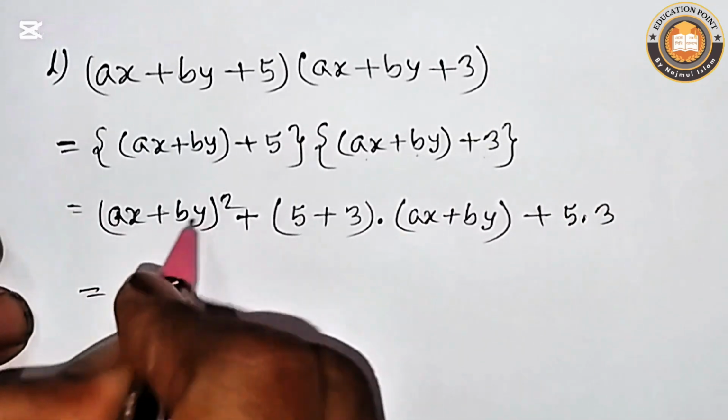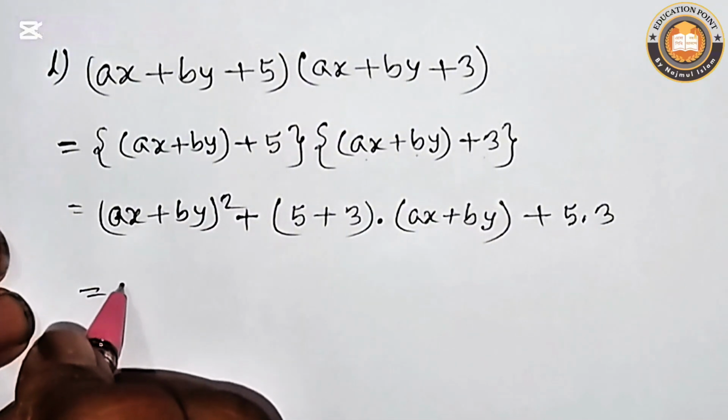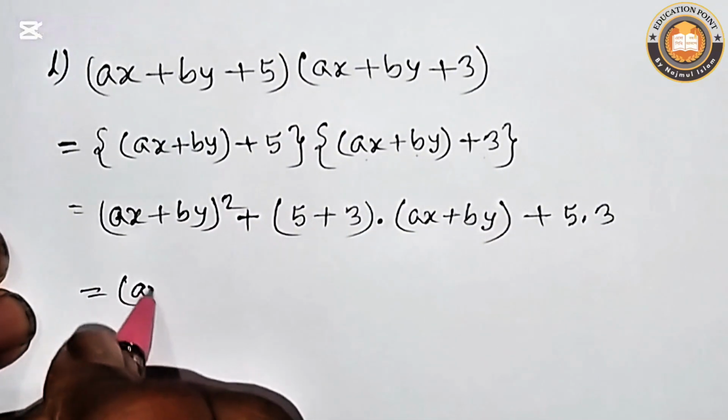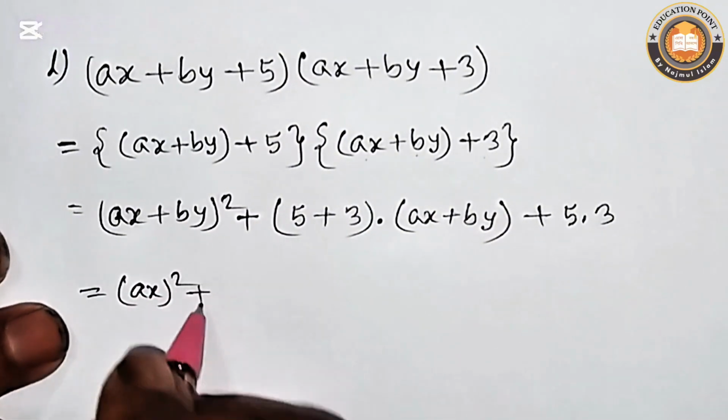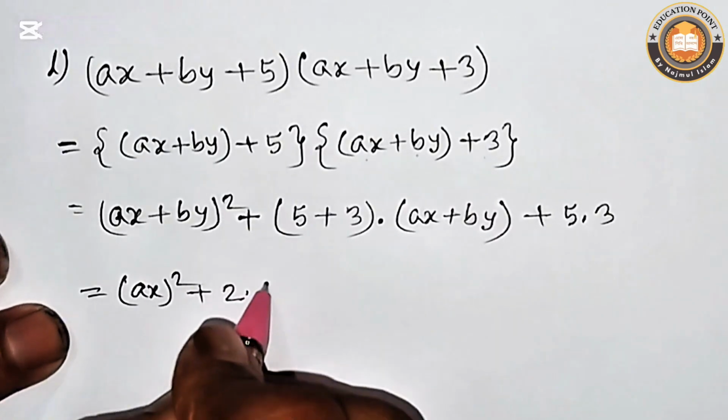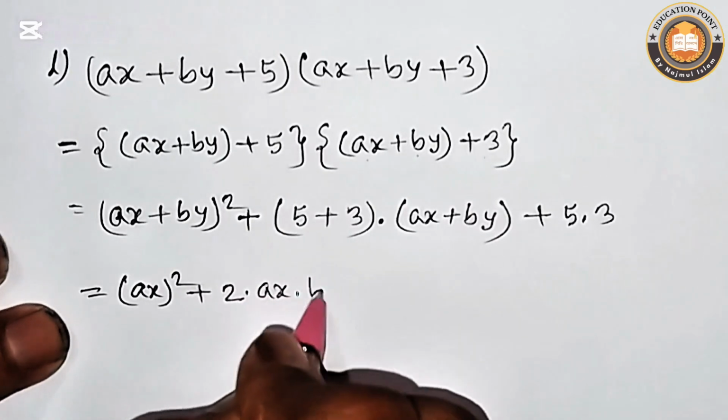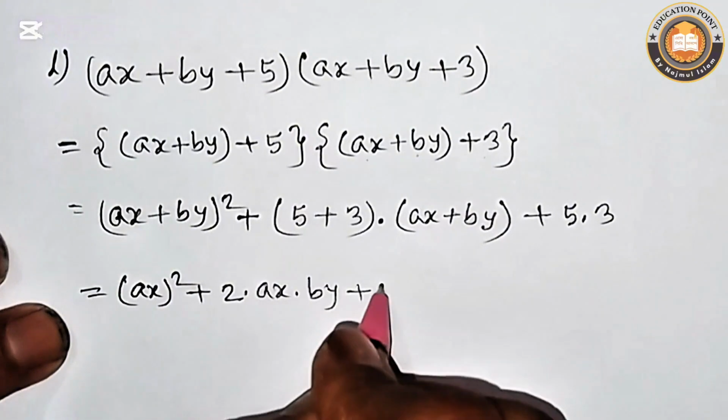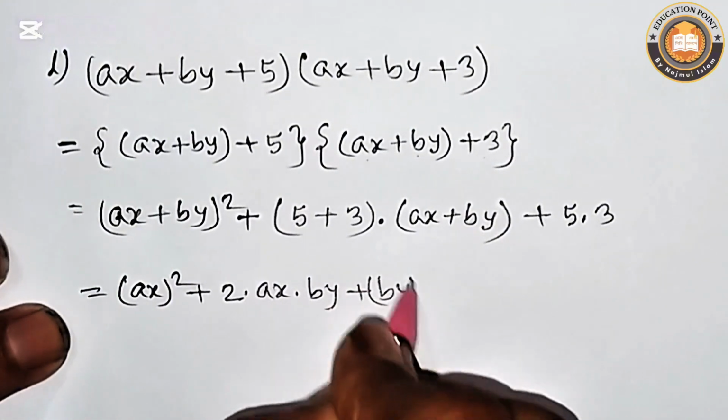Here we will apply the formula of (a plus b) whole square. A square means (ax) whole square plus 2 into a means ax into b means by plus b square means (by) whole square.